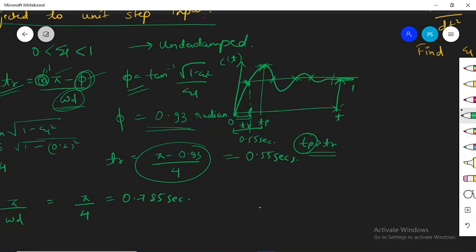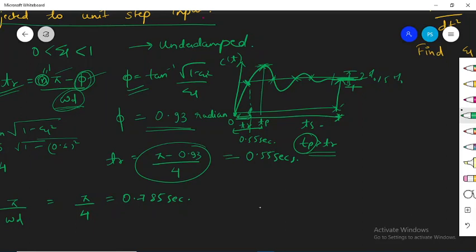Settling time means when the transients die out and the output comes under a certain tolerance range, like it has only suppose 2% or 5% of error with respect to the final steady state output, then the time taken for the system to reach that is defined as the settling time for the system.